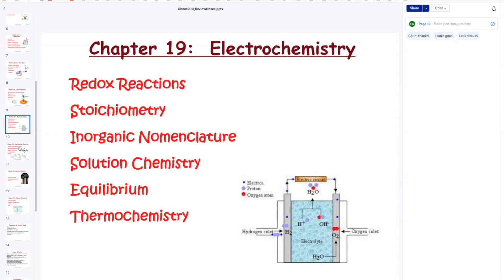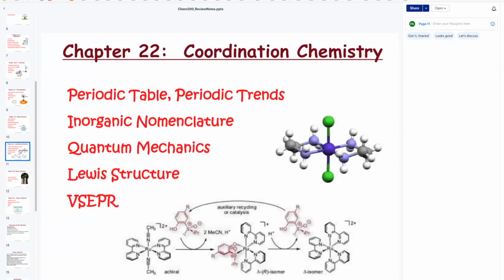Okay. Then we hit coordination chemistry. You need to know about the periodic table and periodic trends, the elements in the periodic table, because that's what makes up these coordination compounds. In fact, the central atom in the center is a transition metal. Inorganic nomenclature, quantum mechanics.